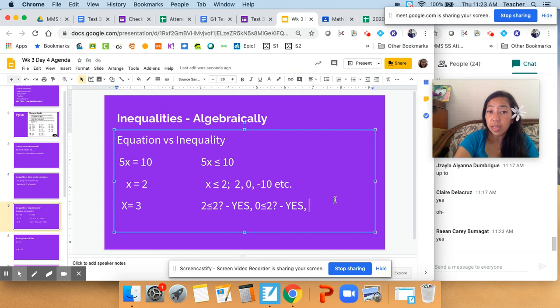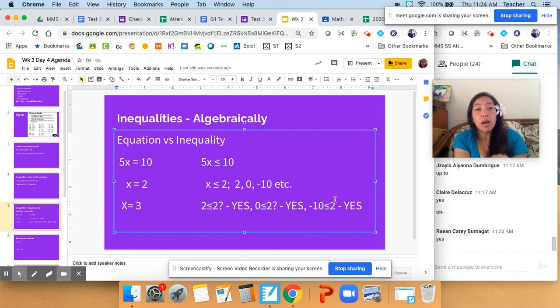In an inequality, there are many solutions. Because if 0 is a solution, what about the next one here, negative 10? Is negative 10 less than or equal to 2? The answer is yes. So right now we already found 3 solutions.